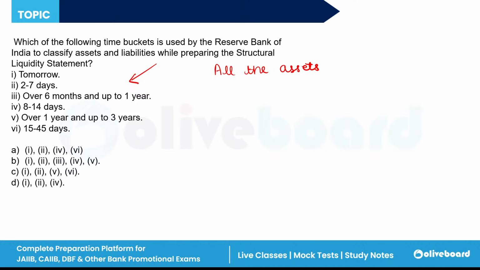According to this, we include tomorrow, 2 to 7 days, 8 to 14 days, 15 to 30 days.